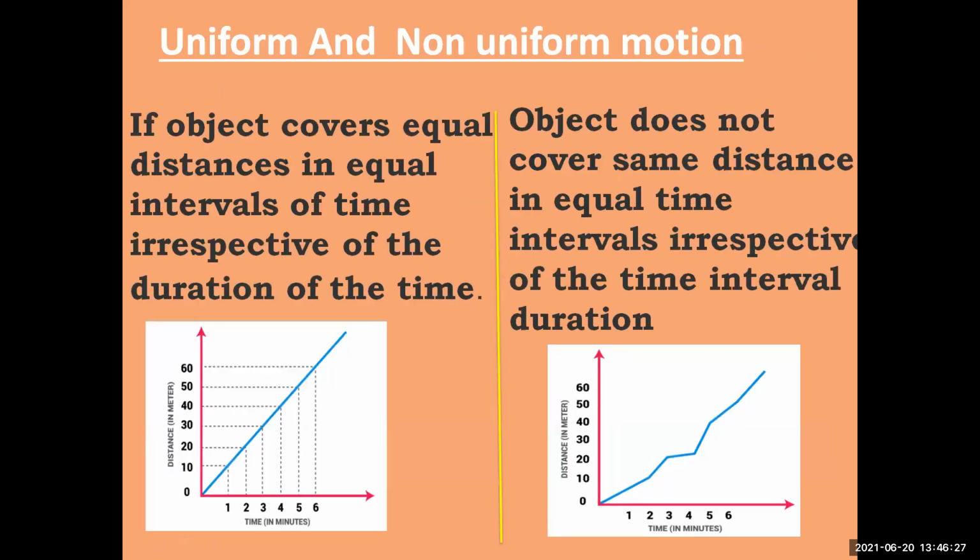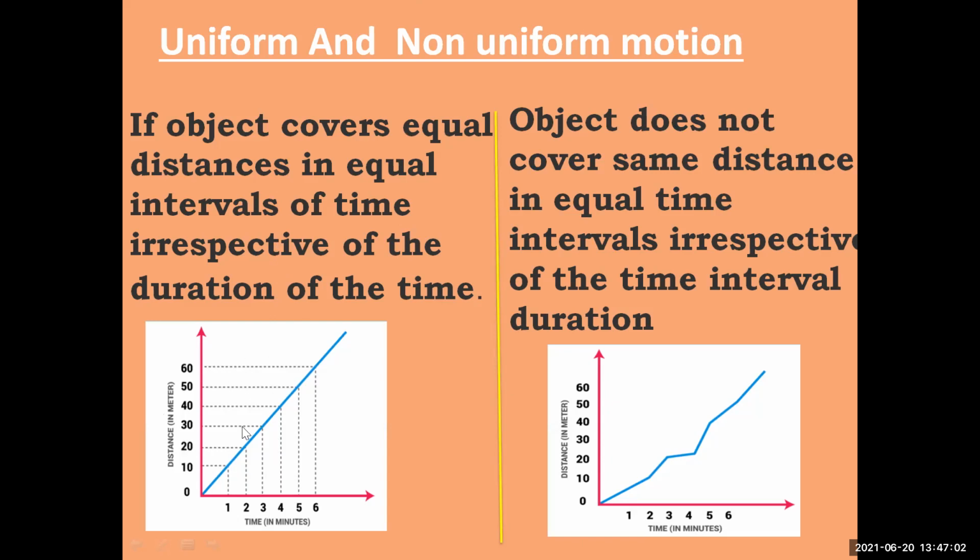Let us go to the next concept, that is uniform and non-uniform motion. So what do you mean by uniform? The word uniform itself tells us in a correct way. If we relate this to the physics term, if an object covers equal distances in equal intervals of time, irrespective of time duration, let us observe this graph.